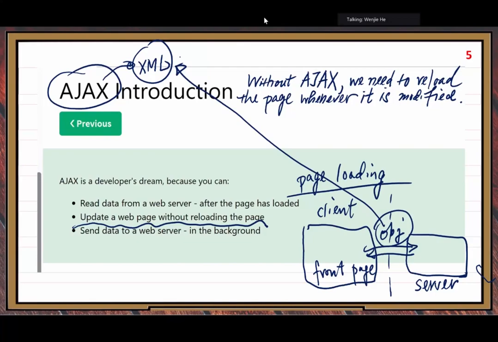Here, I'll give you two examples using AJAX technology in our everyday life. The first one is Google search. When you type keywords in the search bar, a list of suggestions is provided, right? How do you get a list of suggestions using AJAX? When you type character by character, the communication object already sends them to the server side.